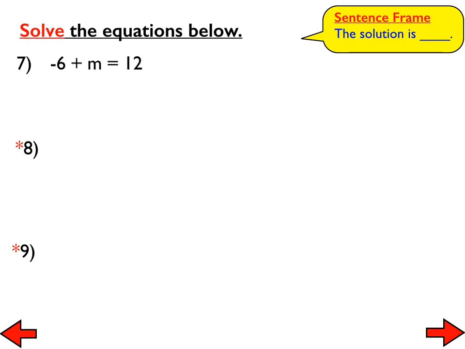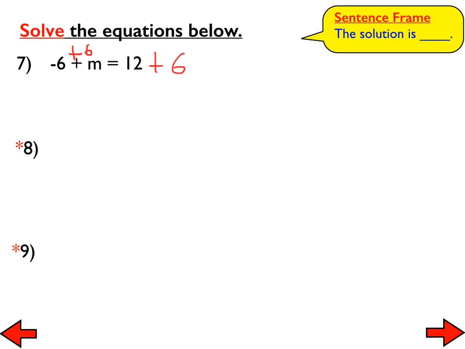All right, so as I said earlier, this is something that you did in the 6th grade, but you only dealt with positive numbers. So if it were any other way, we would have done both today and tomorrow in one day, but we're not going to do that because of the negative number situation. In number 7, here's what you should have done. You should have added 6 to both sides.